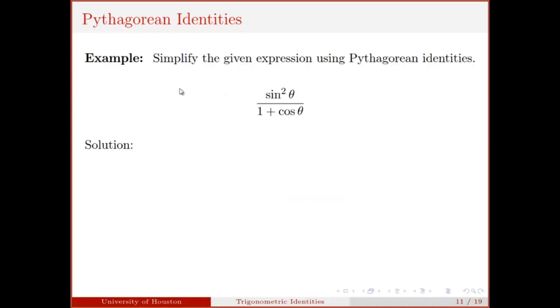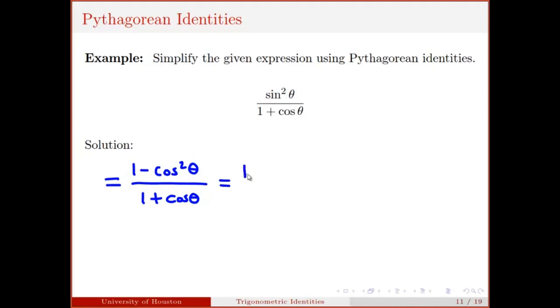In the next example, we will try to simplify the given expression using the previous Pythagorean identities. First, note that we can replace sine squared theta with 1 minus cosine squared theta. Therefore, the given expression is equal to 1 minus cosine squared theta over 1 plus cosine theta. Since the numerator is a difference of two squares, we can factor it.